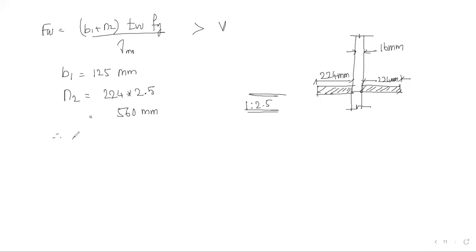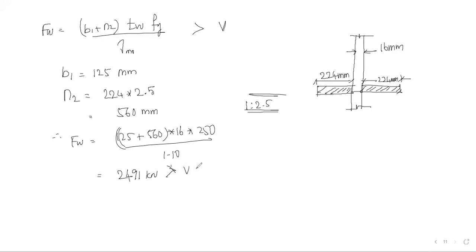So if I'm going to substitute in this equation, 125 plus 560 into 16 into 250 divided by 1.10, I can get 2491 kilonewton, which is greater than our V, that is 1908 kilonewton.